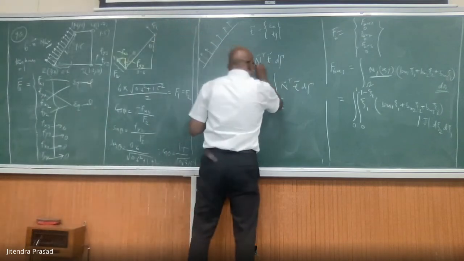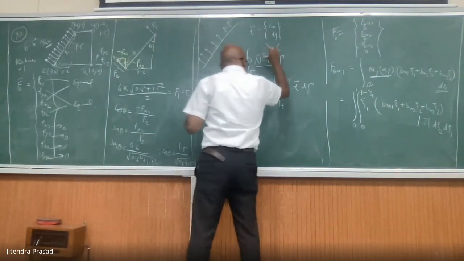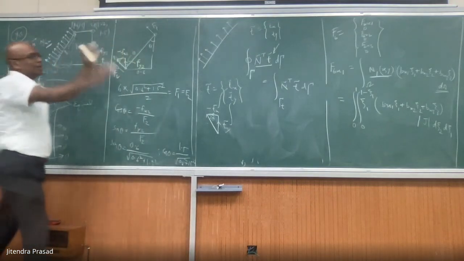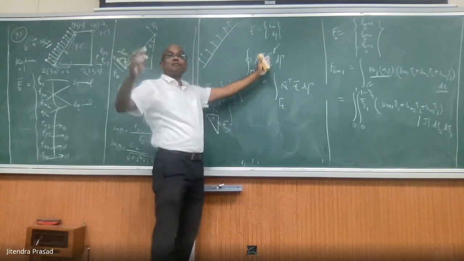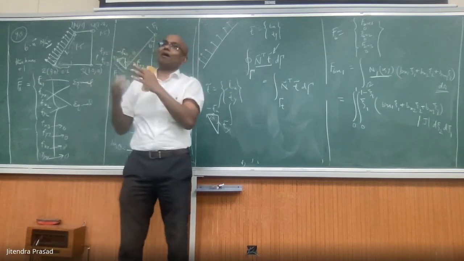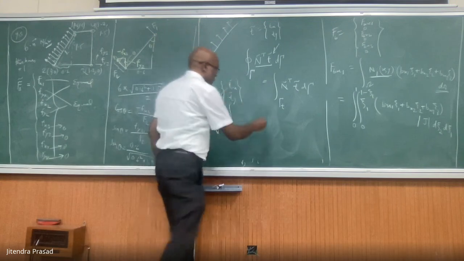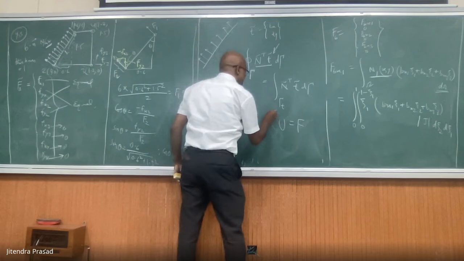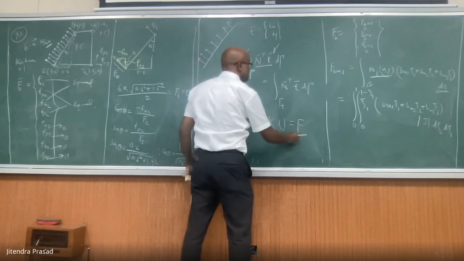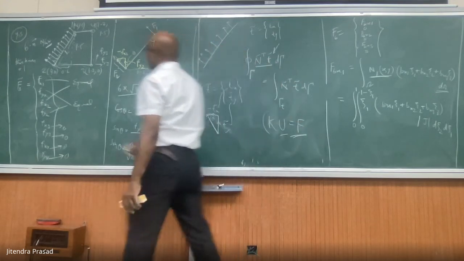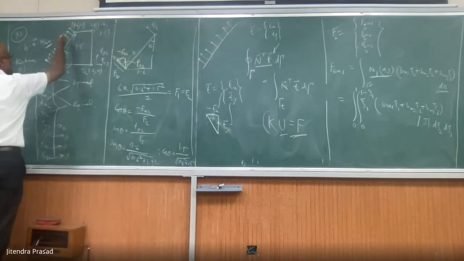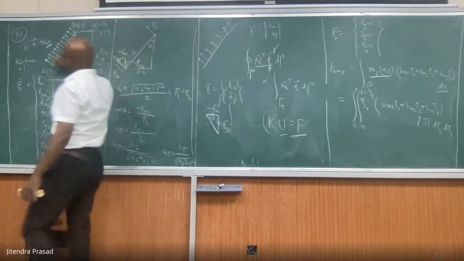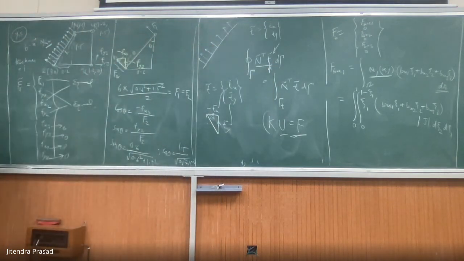Don't be confused regarding what to put here. Remember that this is the final force we are talking about. This one is already taken care of. Finally, K U equal to F: stiffness times displacement equals force. You have to get in terms of force only. This is the distributed load at the boundary.